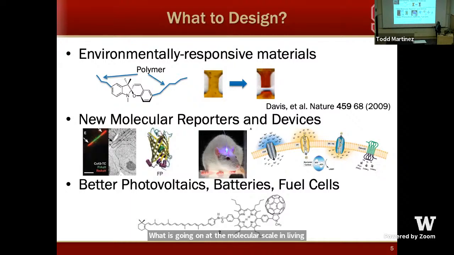And how do you build better photovoltaics, better batteries, better fuel cells? All of these things really require something that is super important, and that is they require the rearrangement of electronic structure, they require being able to describe bond breaking and bond formation.